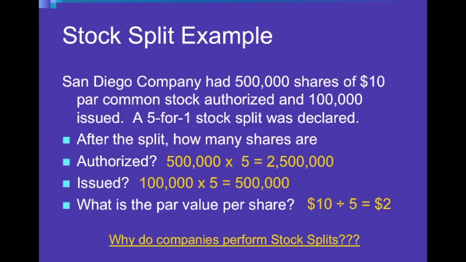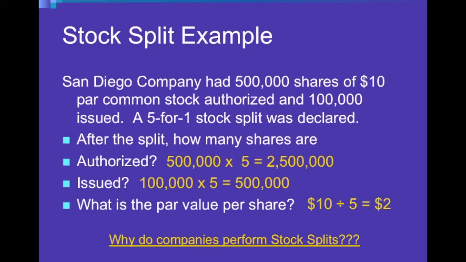So if I think about that, if I had issued every share of this new stock, 2.5 million of them, times $2, I would still have the total paid-in capital value tied to that common stock of $5 million. So it didn't change. And a stock split actually doesn't change anything on our books as far as values go in our different accounts. So we'll talk about how to handle that in just 1 second.